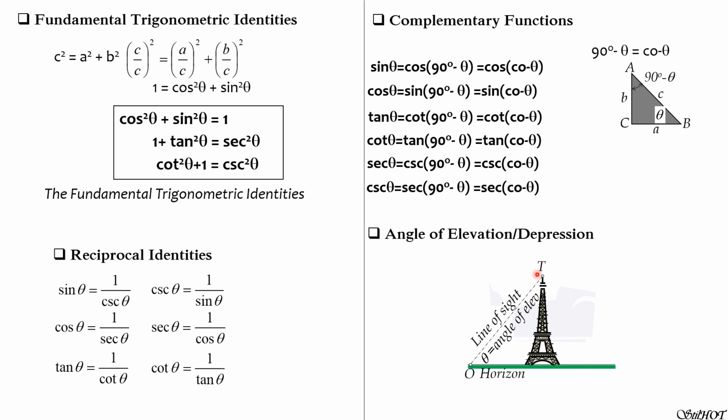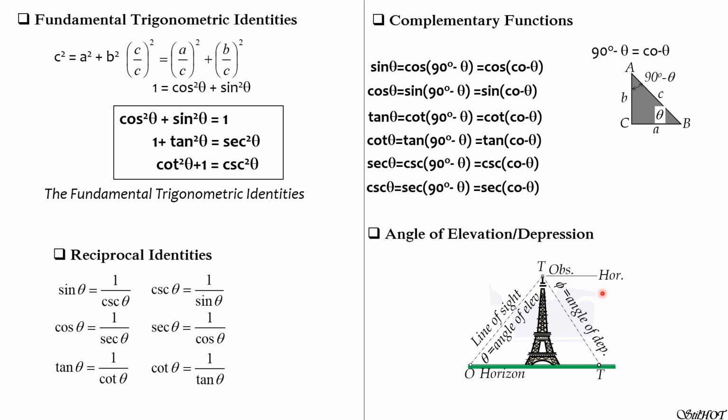Whereas if the observer is on top and the target is below the horizon, the angle that the line of sight makes with the horizon is this time the angle of depression.